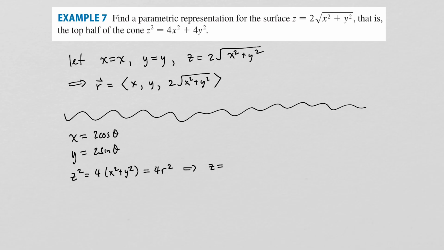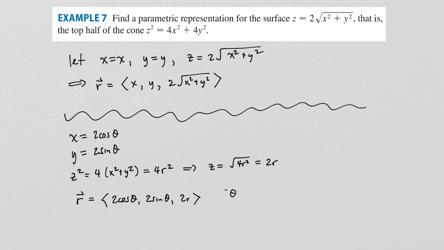Therefore, z would simply be the square root of 4r squared, which is 2r. And so another representation could be r cosine theta, r sine theta, and then 2r.